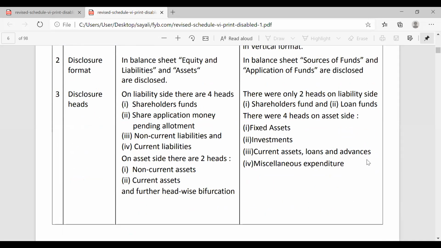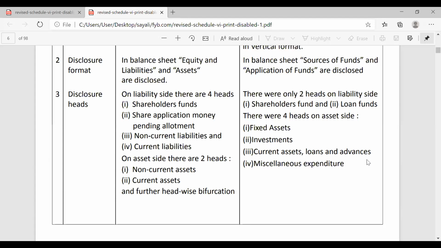So disclosure heads: according to the new Schedule 6, four heads are mentioned for the liability side. First, shareholders' funds. Second, share application money pending allotment. Third, non-current liabilities, and fourth, current liabilities. Whereas in the old schedule, only two headings are recorded: shareholders' funds and loan funds.